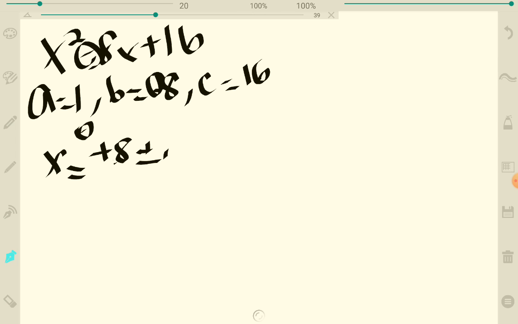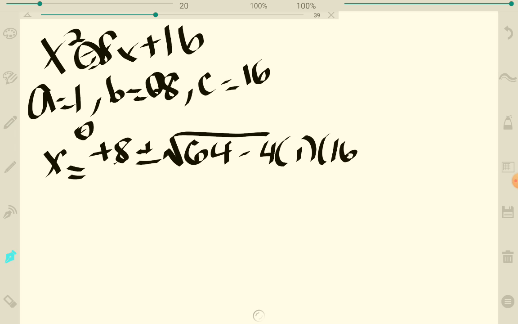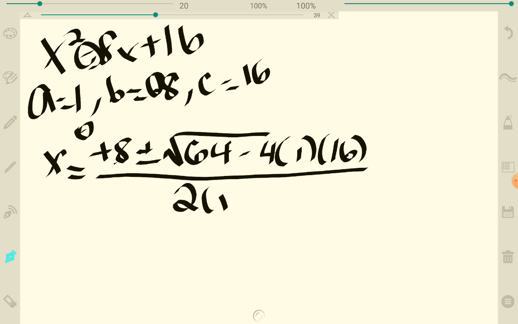Plus minus the square root of 8 squared, which would be 64, minus 4 times 1, which is a, times c, which is 16, divided by 2a, which is 1.